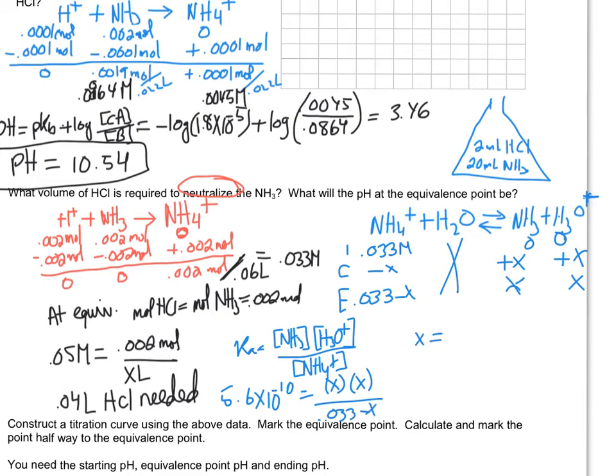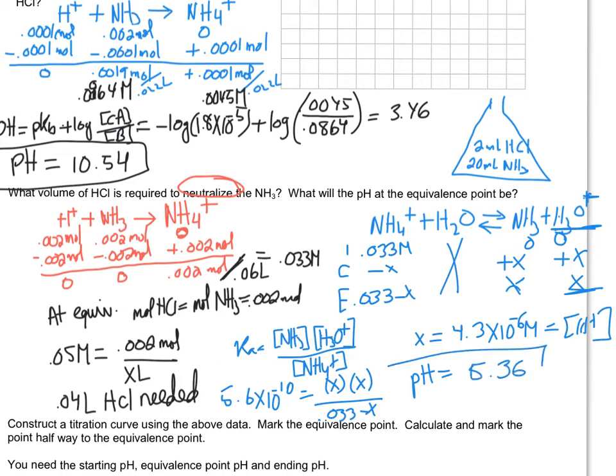X ends up being 4.3 times 10 to the negative 6 molar. In this case, my x is my hydronium ion, same thing as H+. So I can find the pH. It's negative log of that, which is 5.36. And that is my pH at the equivalence point. It is acidic because I have a strong acid neutralizing a weak base.